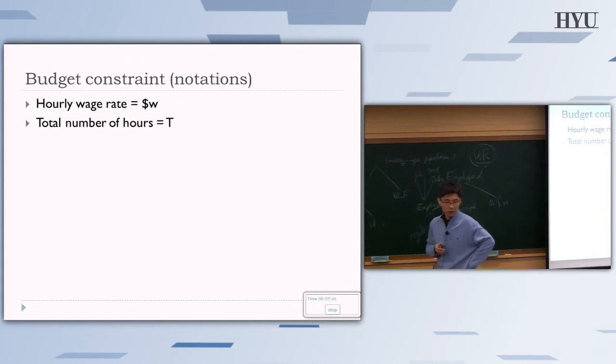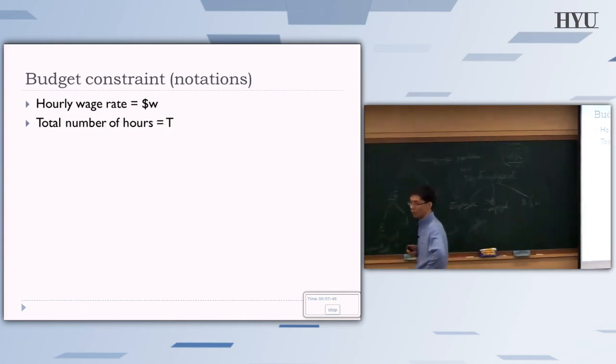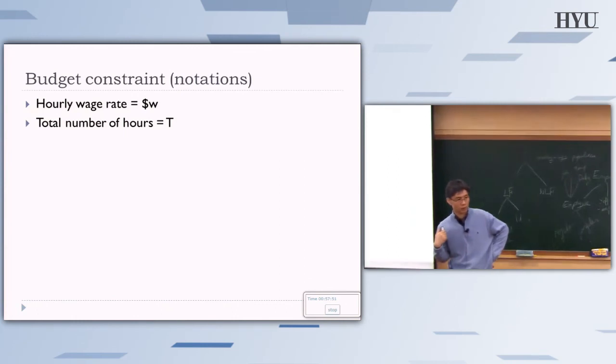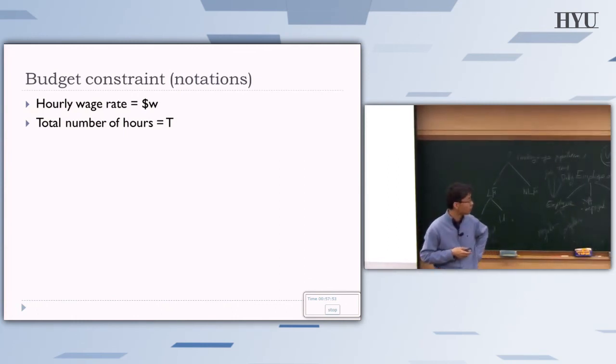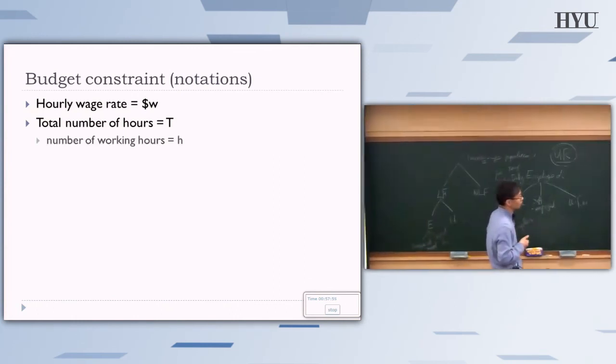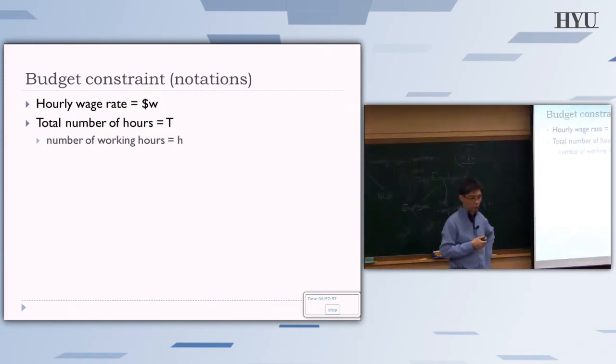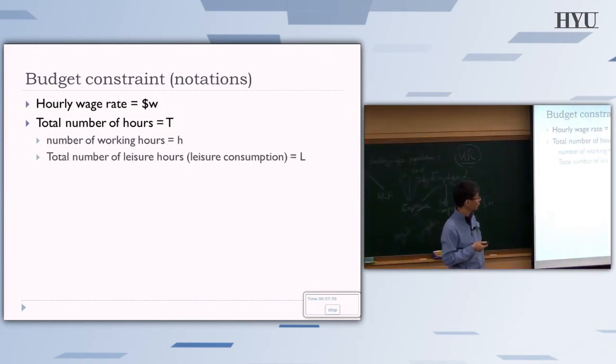The total number of hours given by the physical universe we call uppercase T, the total number of hours available for this person's use. The number of working hours we call H, lowercase, and the total number of leisure hours we call L, uppercase L for an obvious reason.